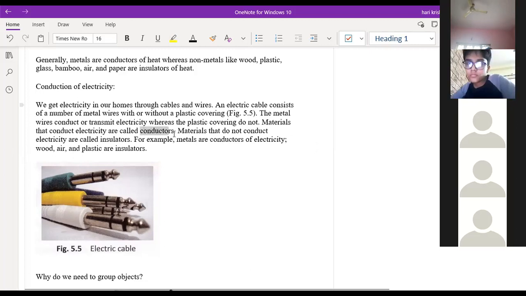Conductors are the materials which allow electricity or heat to pass through them. Insulators are the materials which do not conduct electricity. So based upon conductors and insulators, you can also classify the substances into different groups.